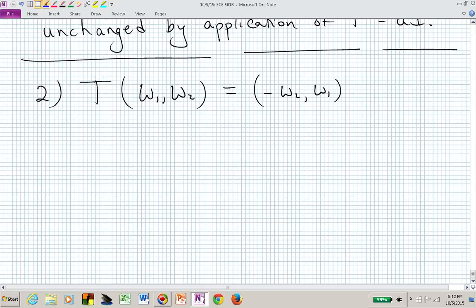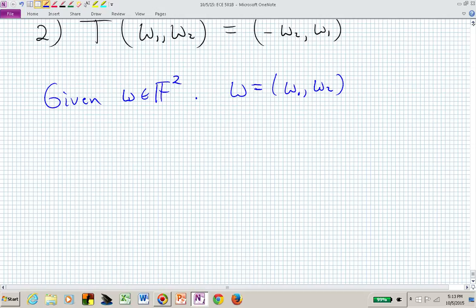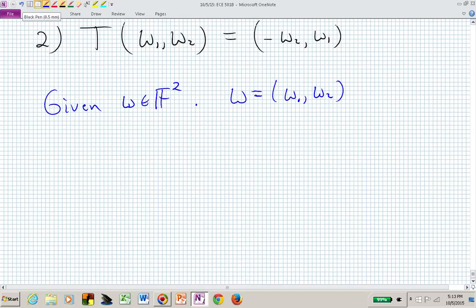So now let's say that we're given a vector W in F2. So now we're keeping W either real or complex. We're keeping it in F. And W, we're saying, has these two components, W1, W2. From our eigenvalue, eigenvector relationship, we now know that TW is equal to lambda W. And what does that say?